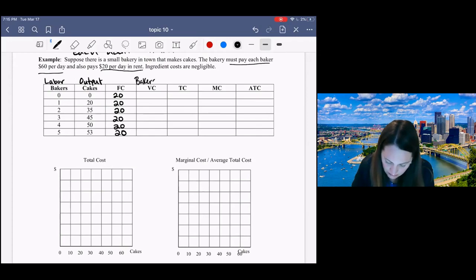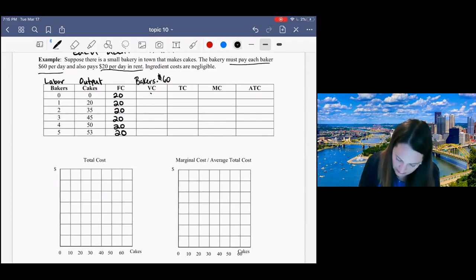Variable cost will be equal to the number of bakers times the cost of each one, which is $60. If I hire no bakers, I have no labor costs. If I hire 1 baker, I have to pay $60. 2 bakers is $120. 3 bakers would be $180, and so on.